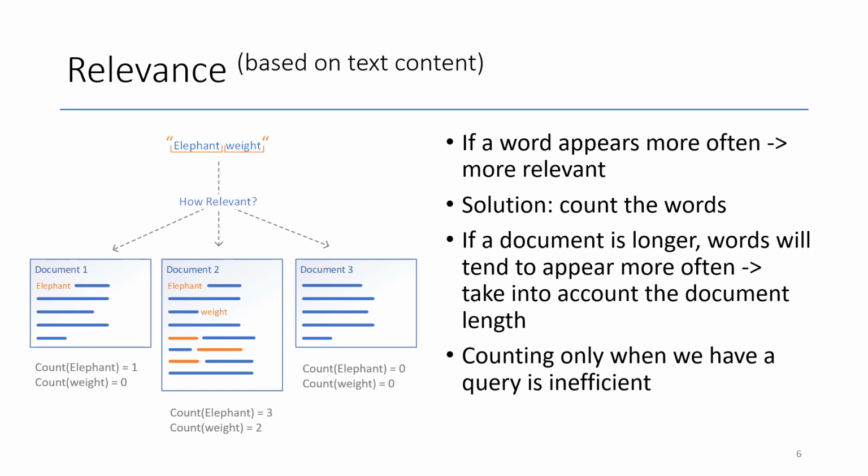And the problem now is, if we count every word in every document only when we have a query, this is very inefficient. So we need to come up with a data structure that allows us to pre-compute most of our needed computation.